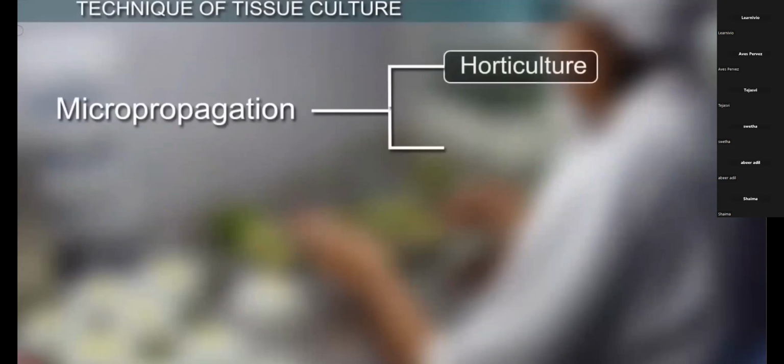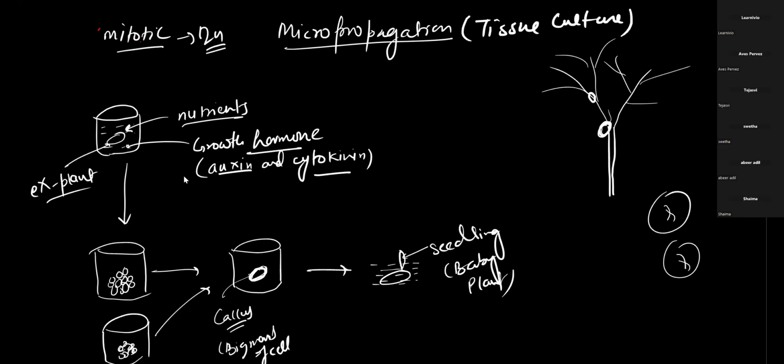So in this method, plants with the same desirable characteristics can be grown. And for those plants which don't bear seeds, this is predominantly the method for growing new plants.